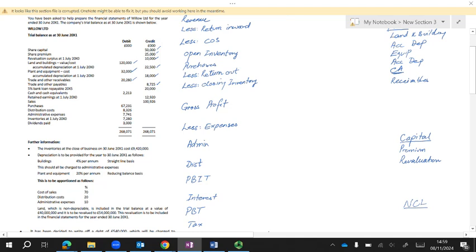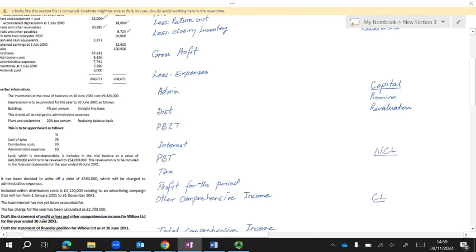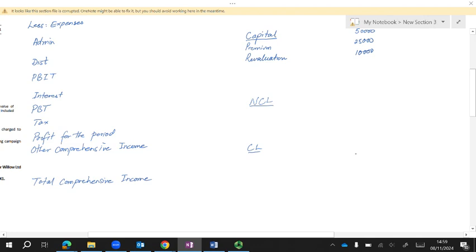We have payables of 8,725. Then we have a 5% loan and that is £20,000.